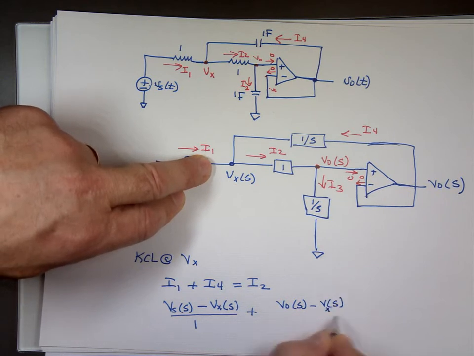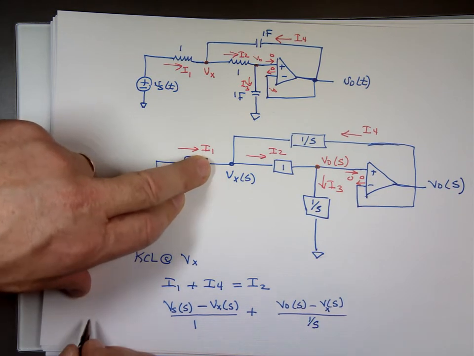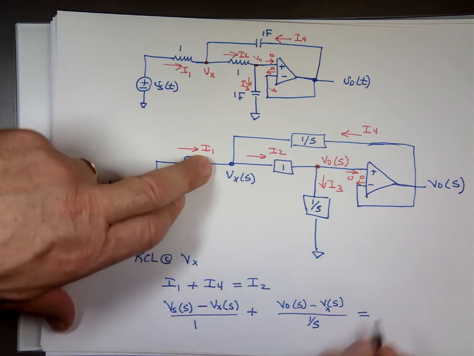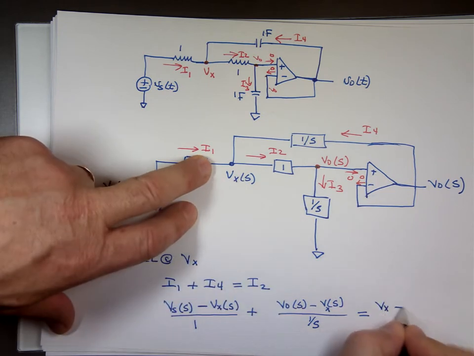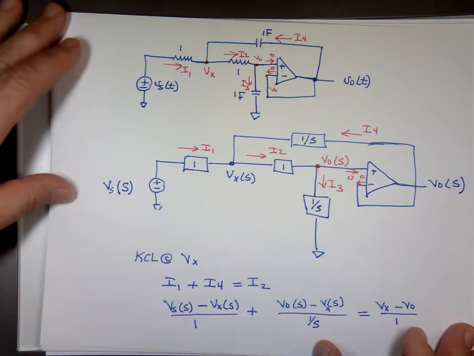Divided by that, which is 1 over S, equals I sub 2, which is Vx minus V out. I'm just going to write Vx minus V out over 1. The good news, these are 1s.